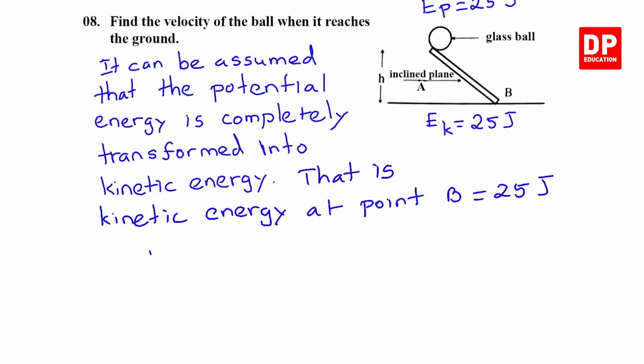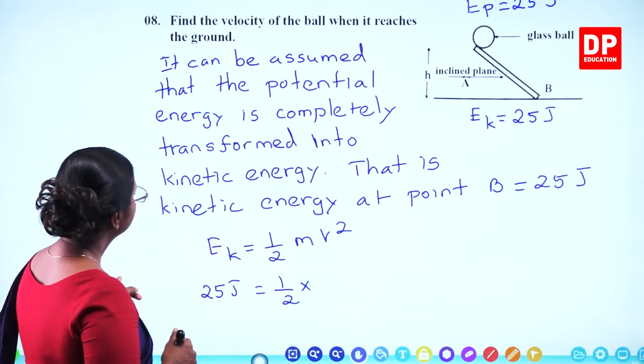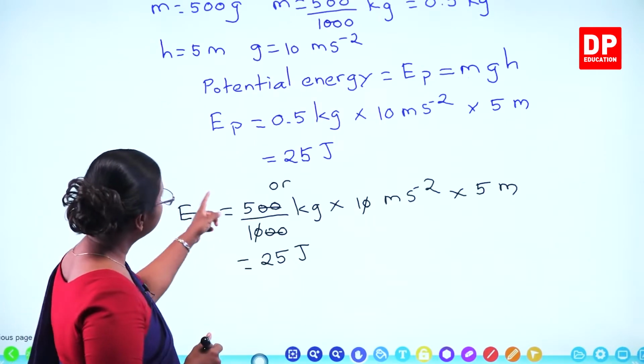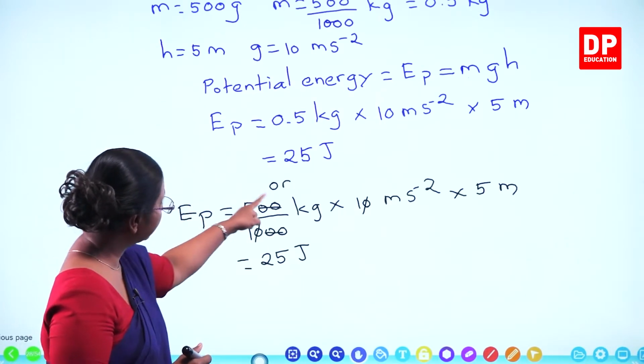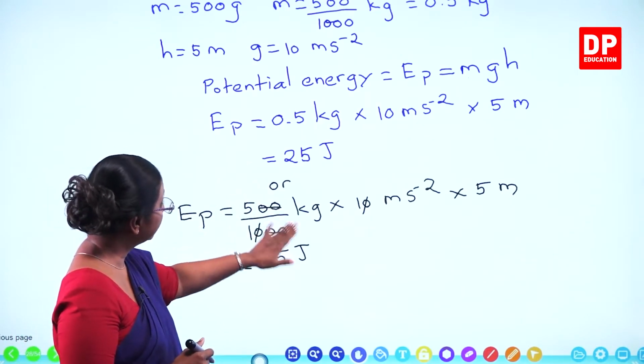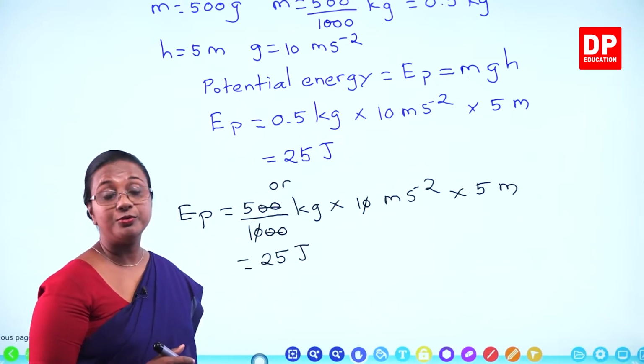Then we know the equation E kinetic equals half mv squared. So there E kinetic 25 joules, half. So we need the mass of the glass ball. In the previous slide we have calculated that. Here I showed you all. You can either do the unit conversion with the calculation or you can do it before.